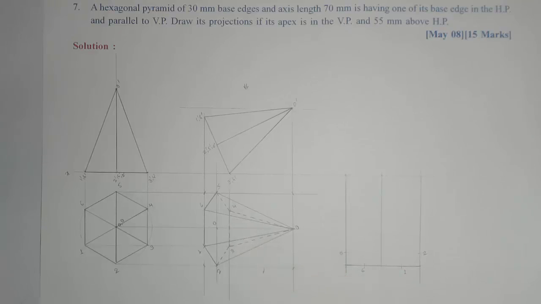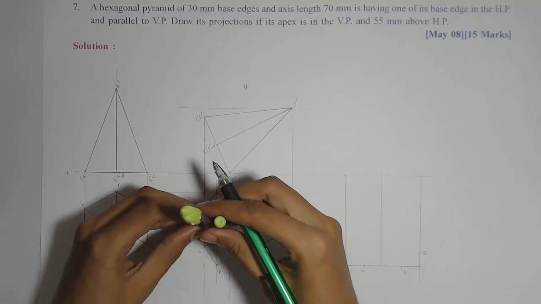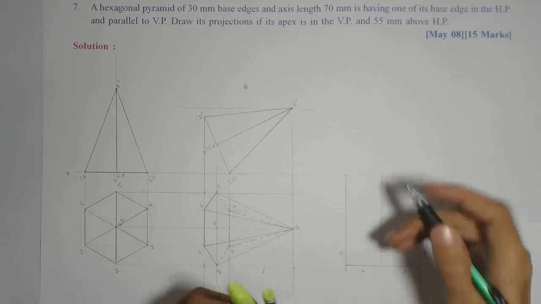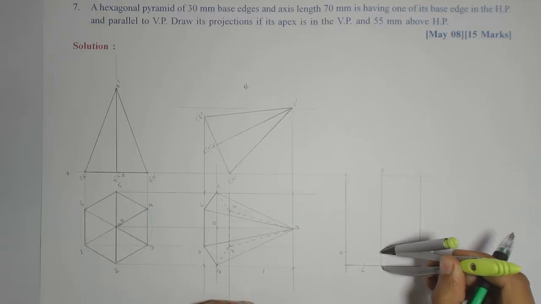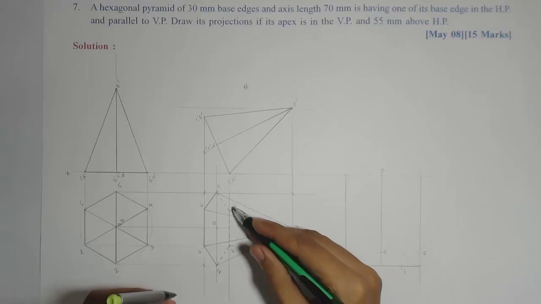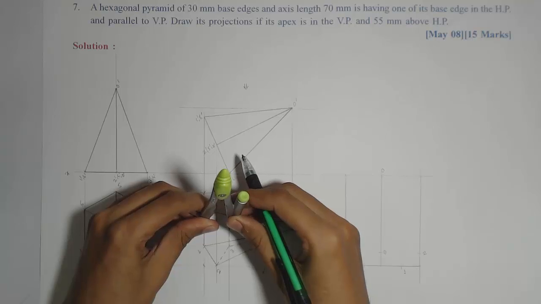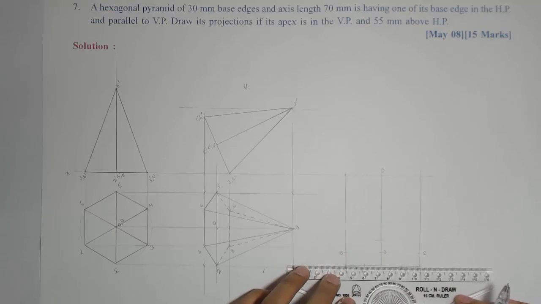Then to mark 4 and 3, we can first mark this O on the same line, because this is the apex. On the same line we are getting the center of the base, which is O here. Then for drawing 3 and 4, we'll take this parallel distance from the boundary of the rectangle, and we will draw a parallel line at that arc.